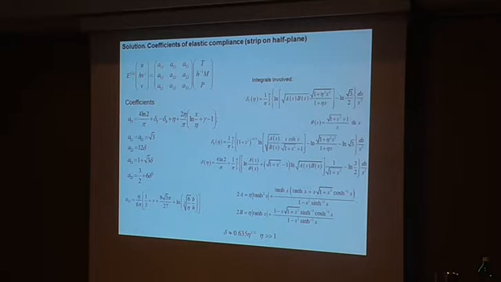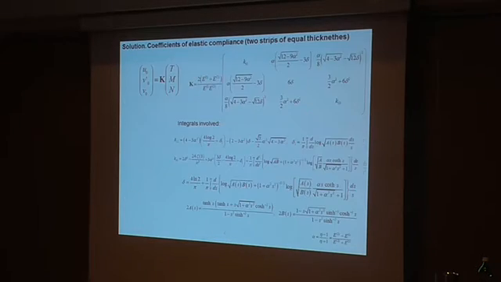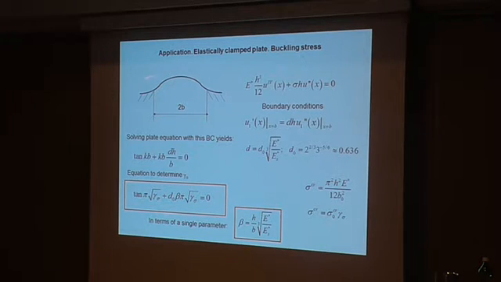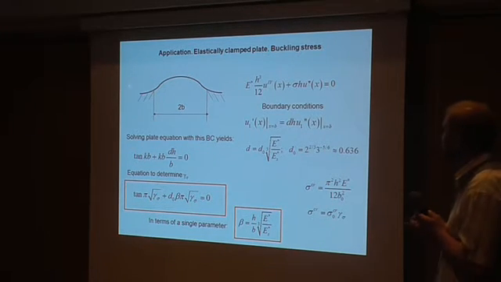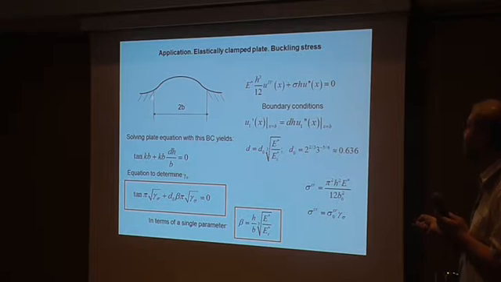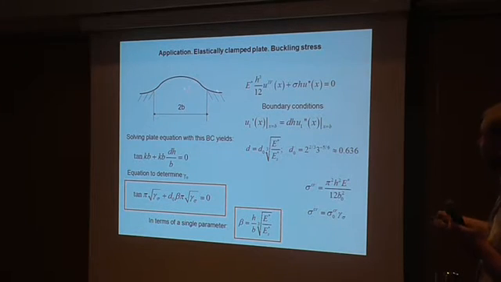Despite these awkward calculations, the final results are rather simple. Here is the similar condition for two strips, and here, when we use this for an elastically clamped plate, we apply the obtained boundary condition.